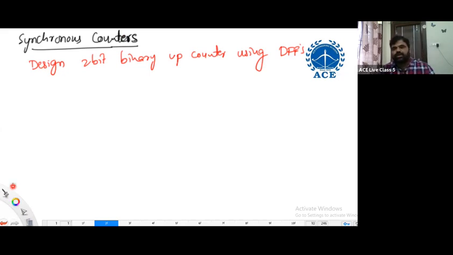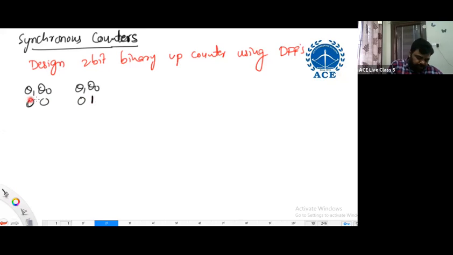We have two columns. Before occurrence of the clock edge, if Q1 Q0 is 0 0, after occurrence of the clock edge we expect Q1 Q0 to become 0 1, incrementing.